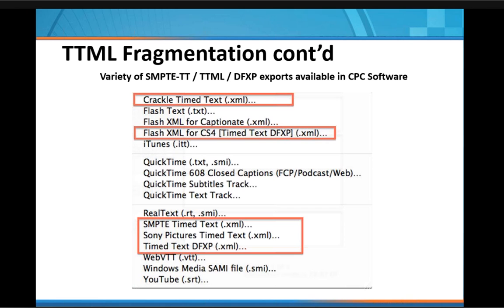In other words, if your distributor says we want a SMPTE Time Text file and you give them a SMPTE Time Text file, it's not yet guaranteed that that is going to work. They might want a different variant. Unfortunately, that's something we have to deal with, and hopefully as time goes on, that's going to get a little bit better.